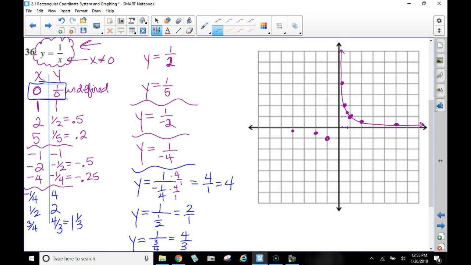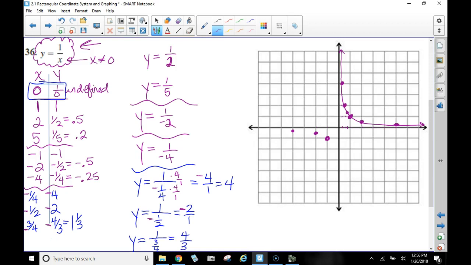That's actually then just going to be the reciprocal of negative 1/4, which is a negative 4. And when x is a negative 1/2, y is the reciprocal of negative 1/2, which is a negative 2. So when x is a negative 3/4, y is its reciprocal, negative 4/3.